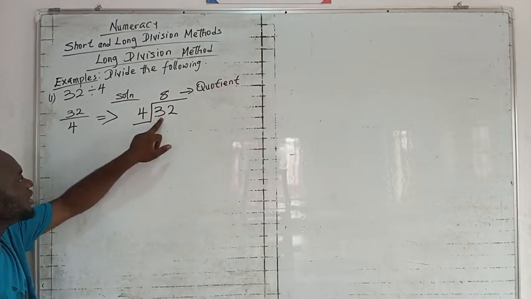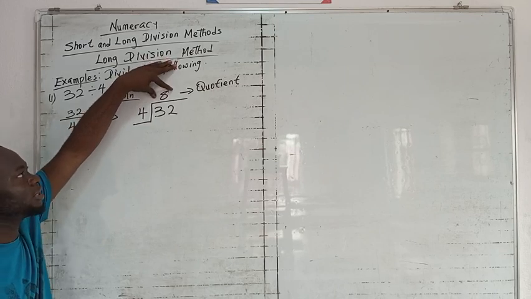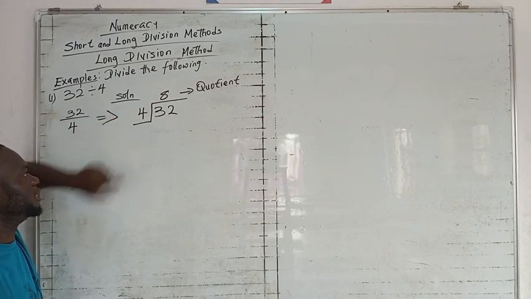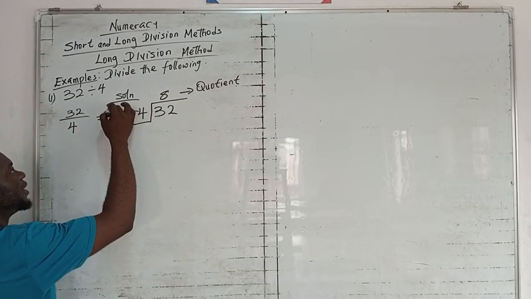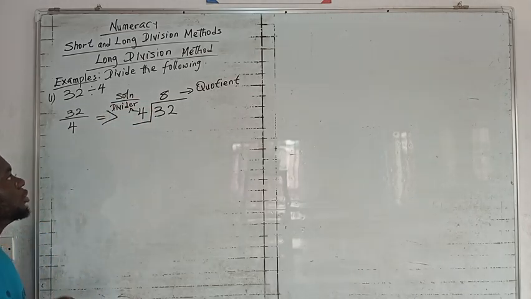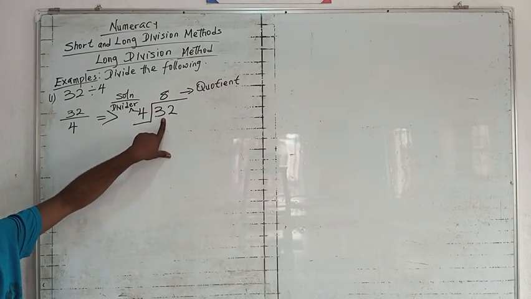Now, whenever you divide and have a number here, the next thing to do is to use that number, which is your quotient now, to multiply the divider. Remember that 4 is the divider. Use it and multiply the divider and subtract it from the divisor.